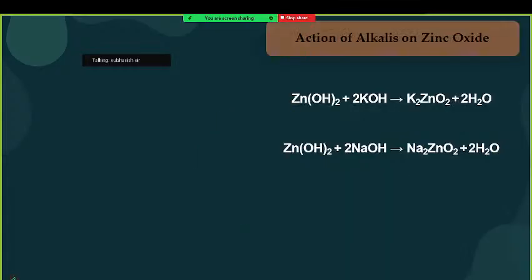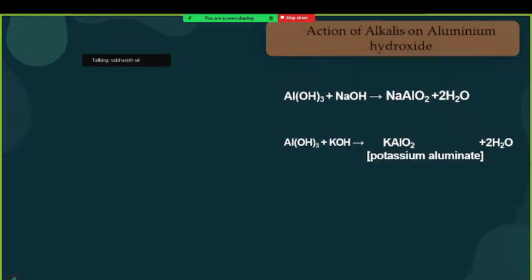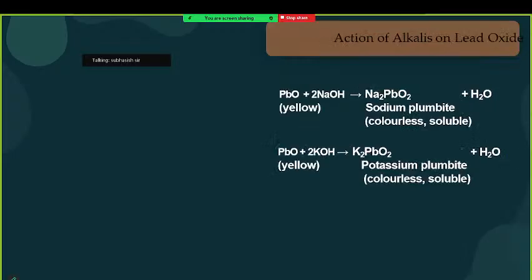Here also see zinc hydroxide. It reacts with potassium hydroxide or sodium hydroxide to form salt and water, and it also reacts with HCl to form salt and water. Here you see aluminium oxide forms salt and water with alkali and also reacts with HCl to form salt and water. Lead monoxide is also amphoteric, and reacts with sodium hydroxide to form salt and water.